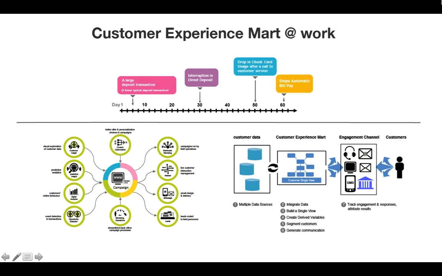Another part, at the bottom right, is about being able to bring together multiple data sources. A large amount of work and attention needs to be paid to what we're doing when we bring that data together. How are we integrating it? What is that single view we're trying to build? How are we trying to create these different segments?